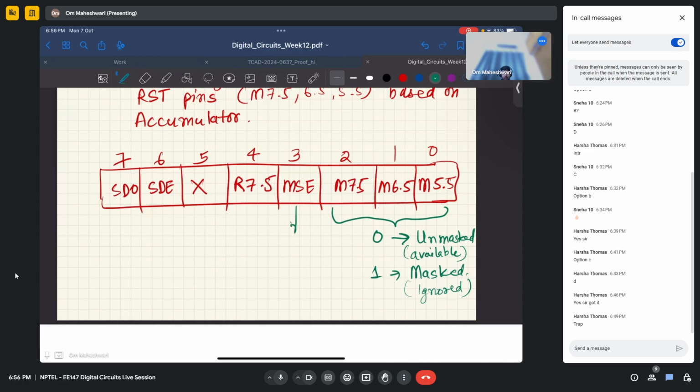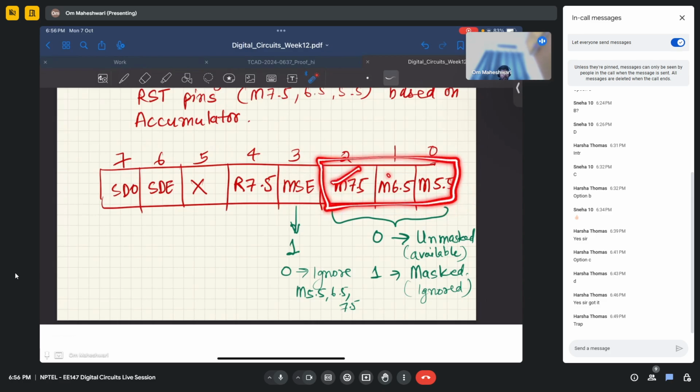MSE should be 1 to have any effect of these mask pins. If MSE is 0, then ignore M 5.5, 6.5, 7.5. Just ignore whatever the bits are here. So this should be 1 to actually reflect any change due to these bits.